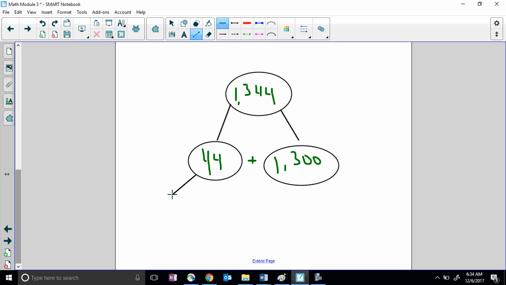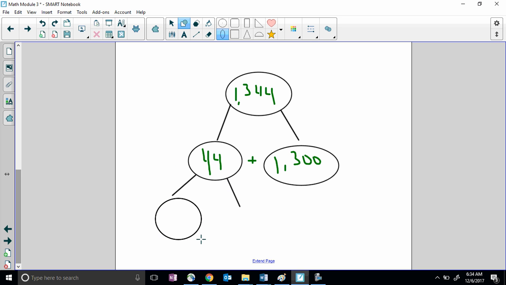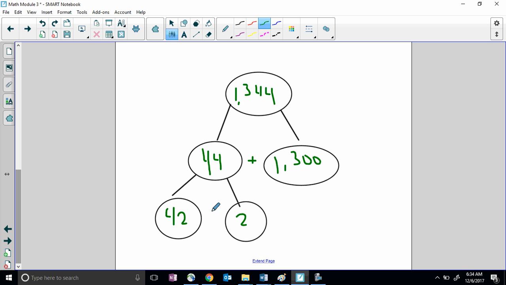Now I ended up breaking this number down into, I'm just doing a really fast version of what we already did. I ended up breaking it down into 42 and 2 because adding these up gets me that. And then I ended up breaking this number down.